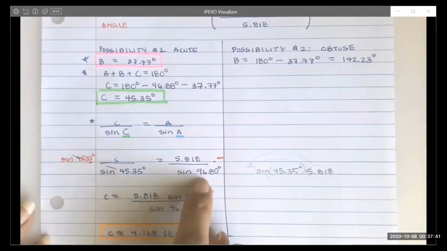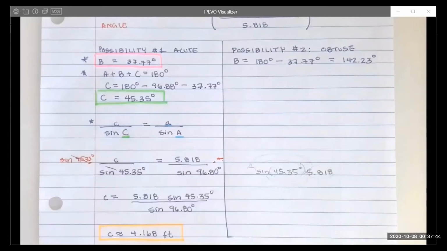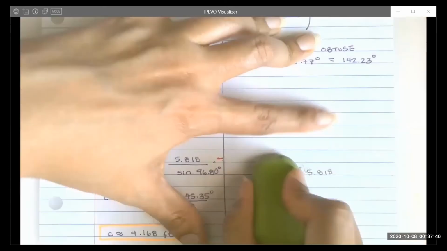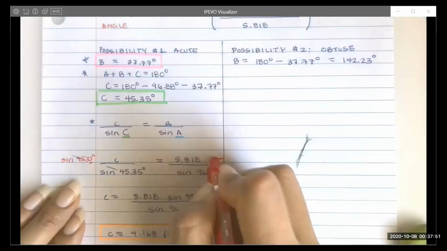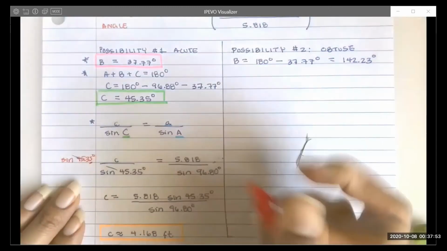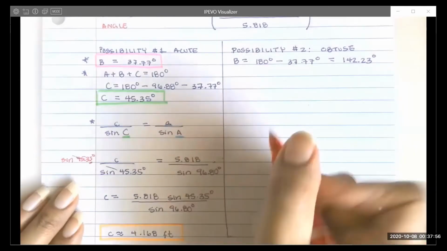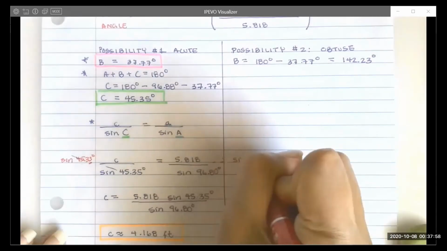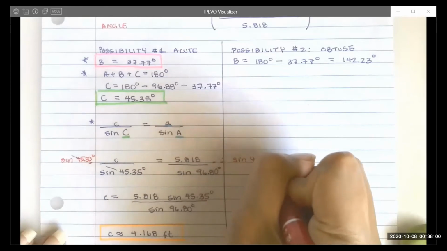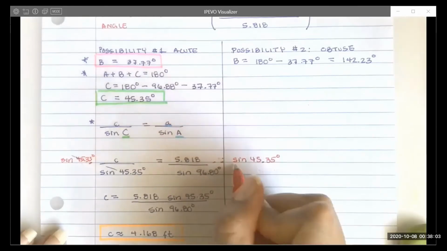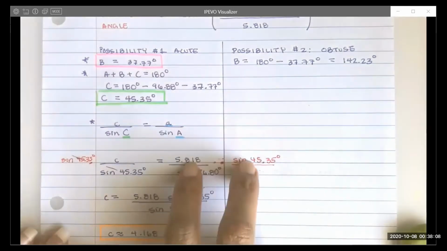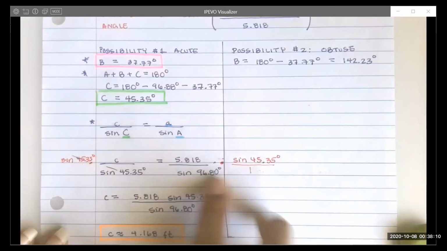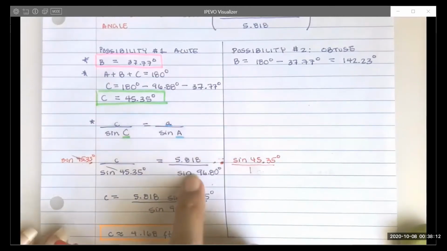And the 96.80 won't be affected because when we multiply by, let me actually write it down, the sine 45.35, in the denominator, it's as if it had a 1. So I'm doing this, right? 45.35 degrees, it's like I'm writing it over 1. So when we multiply it together, only these two in the numerator multiplied together. In the denominator, it's like we're doing sine times 1. So we just get sine of 96.8.